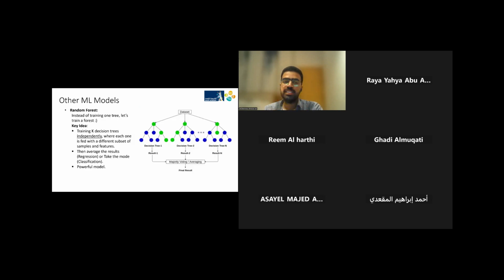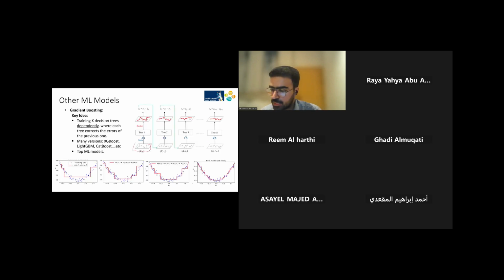Yeah. So in the random forest, you have the decision trees independent. You have the data set, you train one decision tree over that, the other one, the other one. You train all your decision trees on the same data set. In the gradient boosting method, you have your decision trees dependent on each other.